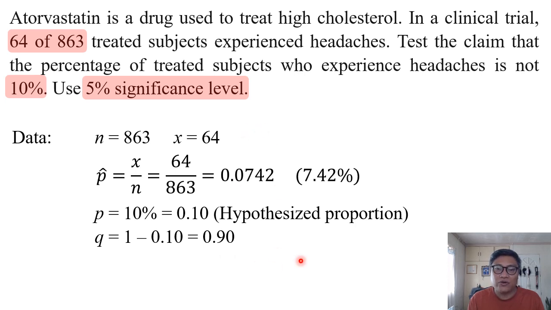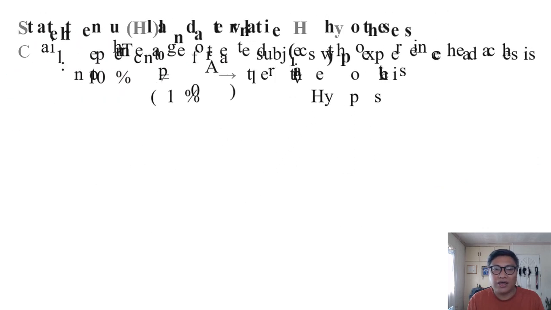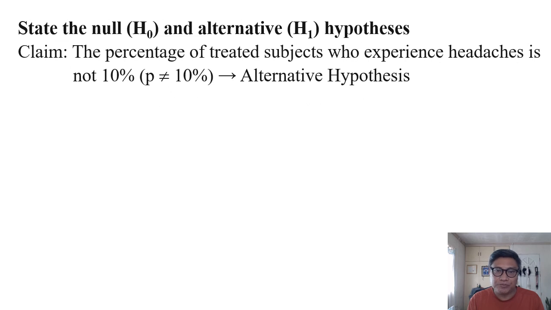Okay, so we are now ready to substitute this into the formula, but first we have to establish the null and the alternative hypothesis. According to the claim, the percentage of treated subjects who experience headaches is not 10%. So there is the word "not 10%," meaning it is not equal to 10%. So the claim, class, is the alternative hypothesis.